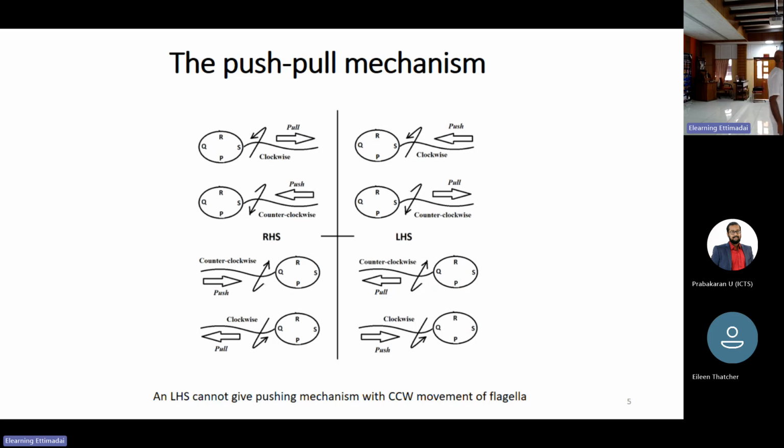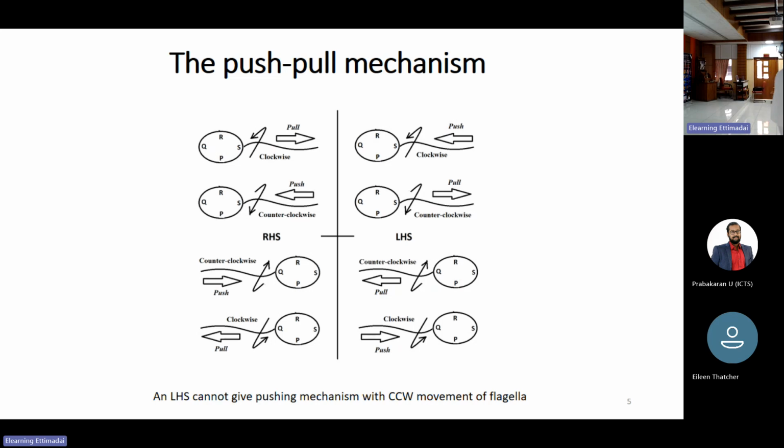In the 1970s, somebody published this and the whole world did not even bother to check this fundamental aspect. Did you understand what I'm saying? This is very fundamental. A left-hand screw can push and go forward only if it is rotated clockwise.